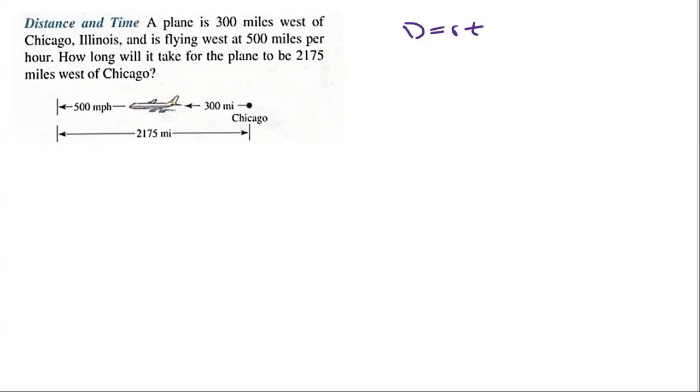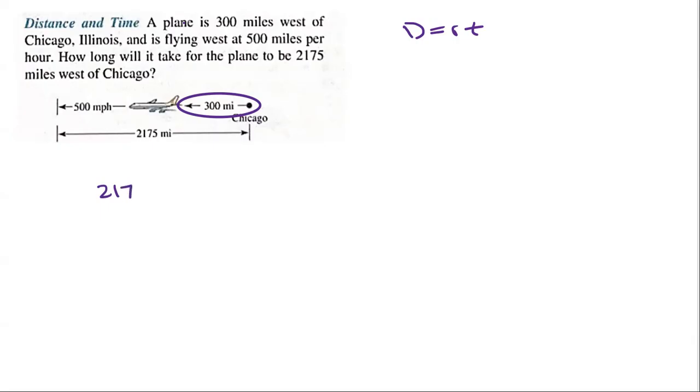So the distance is 2,175. However, as you see in the picture here, the plane already flew 300 miles. So the distance we need to decrease, because we don't need to go the full 2,175 since the plane already flew 300 miles of it.